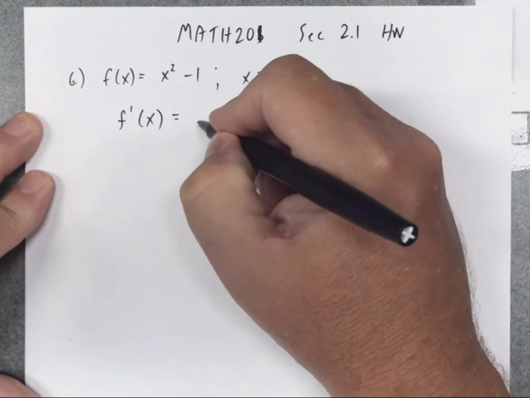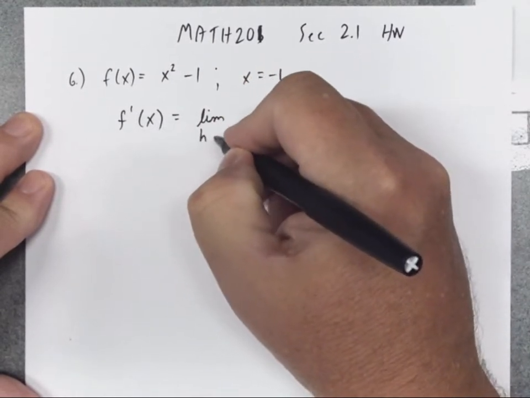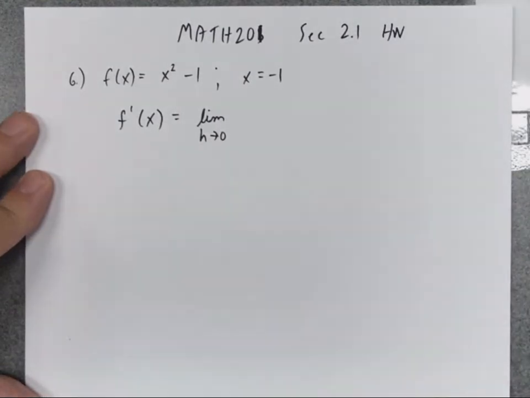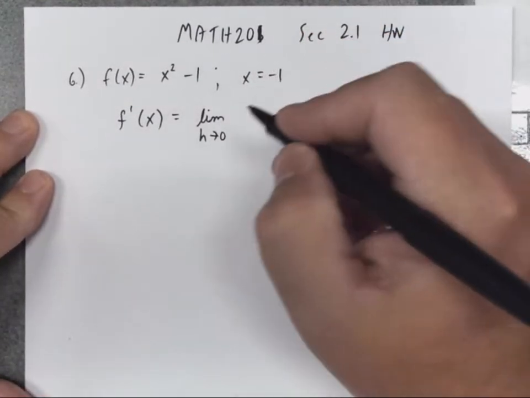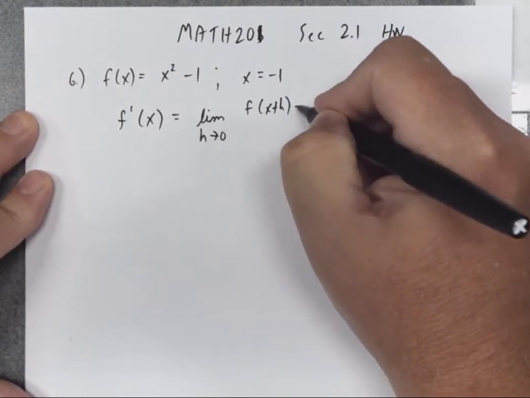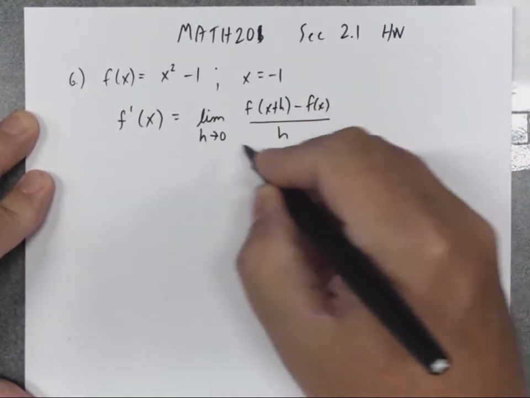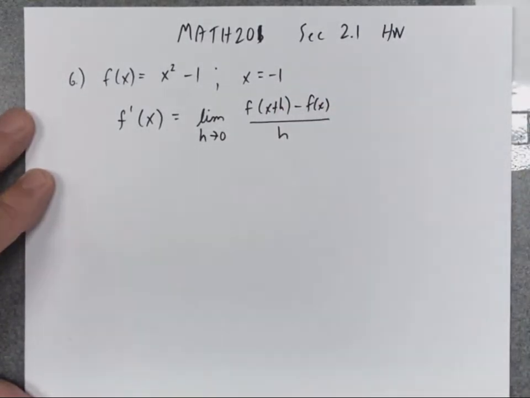Now here's the formula that we use to take the derivative: f of x plus h minus f of x, all over h, and the limit of this calculation as h approaches 0.